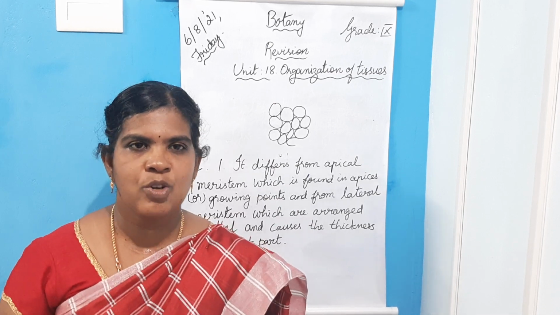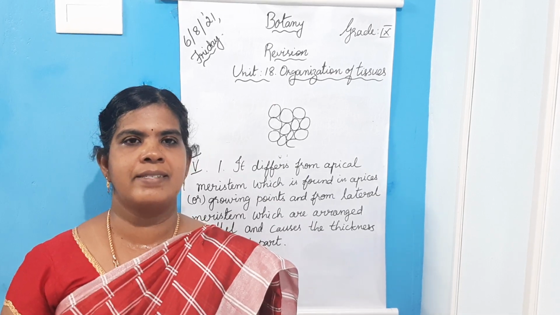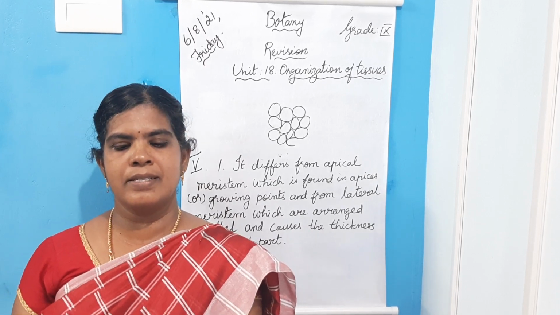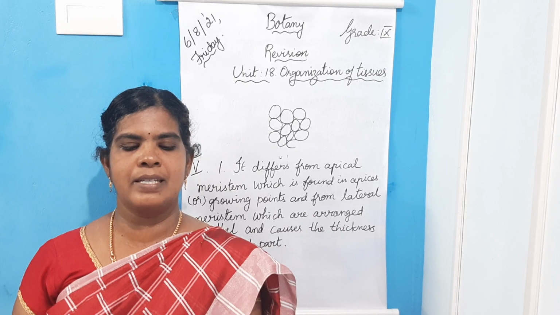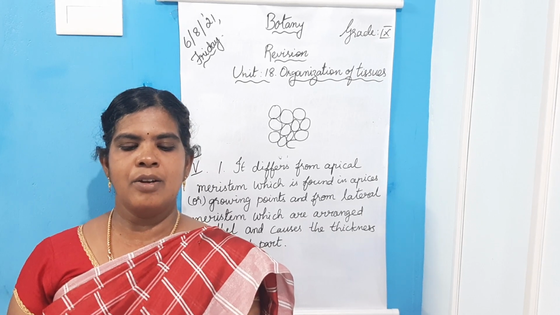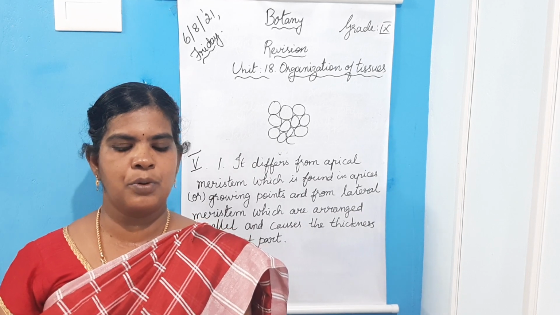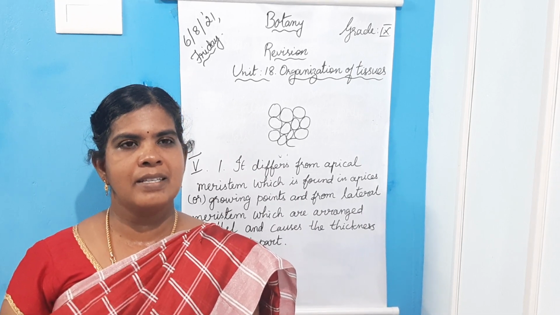What about the next component? Xylem vessels. These are long, cylindrical, tube-like structures with lignified walls and a wide central lumen. These cells are dead and do not have protoplast. Next, you are writing the function.